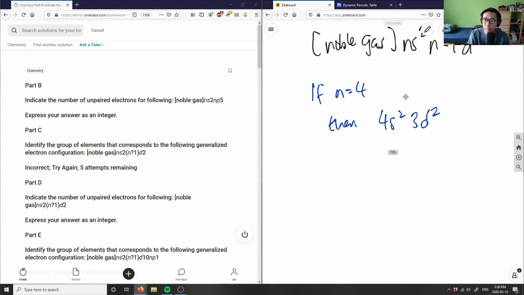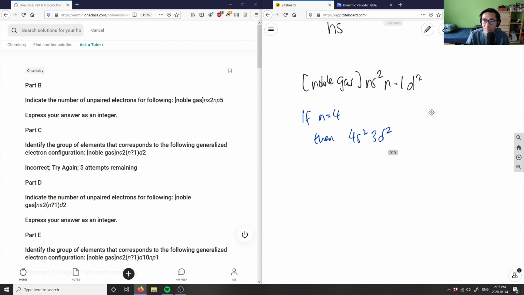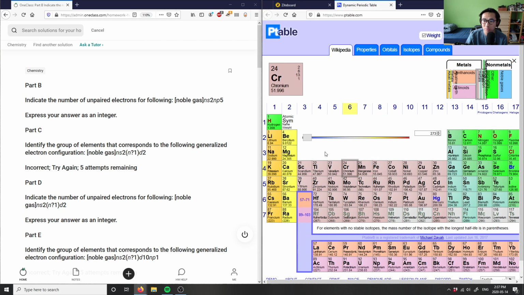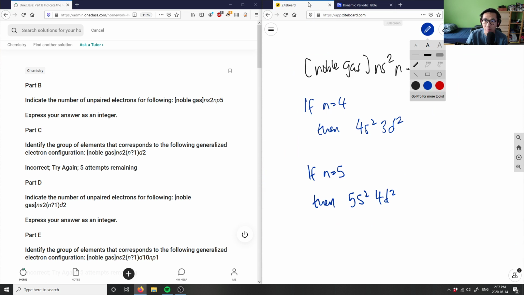However, if n equals 5, then I have 5s2, and this would be 4d2 here. So it depends on what my principal quantum number is, and it would relate to two different elements. So this here is titanium, Ti, and this one is zirconium, Zr.